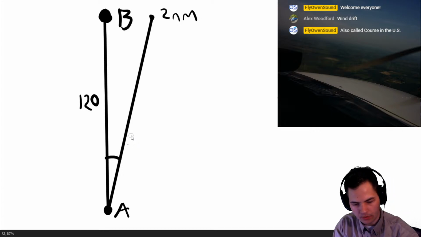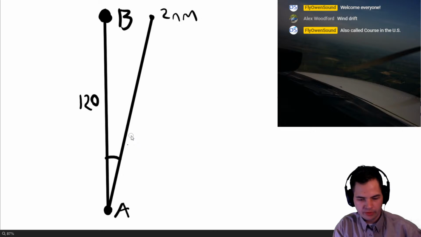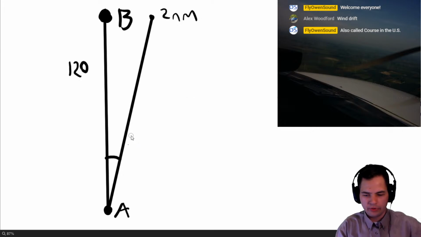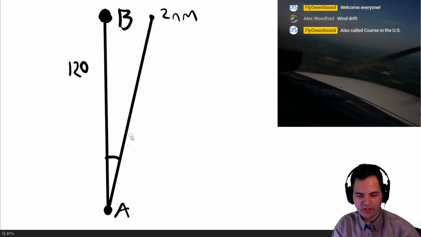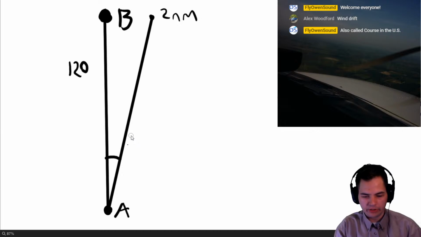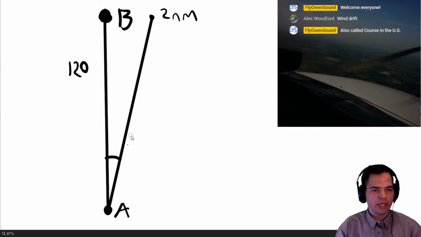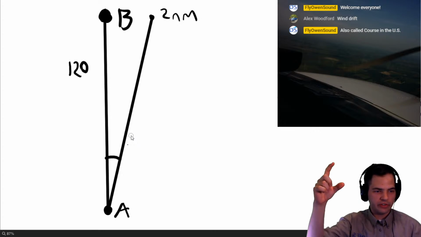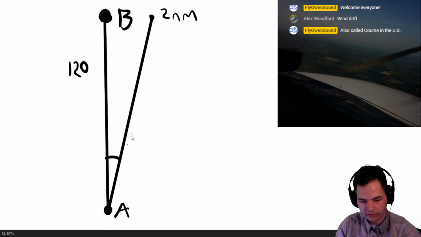I'll show a mathematical method in a bit to solve this. But I think you'll find for this sort of scenario, it's easier, at least for me, to not think about the math and just look at it and break it down into intervals of 60. So in 120, that's 60 and then 60, right? If I cut this route in half, I've got 60 miles here and 60 miles here.